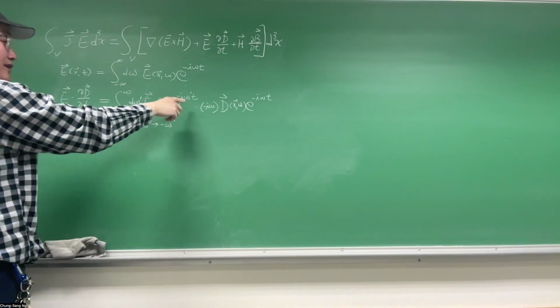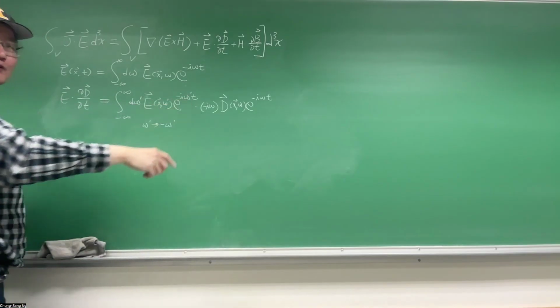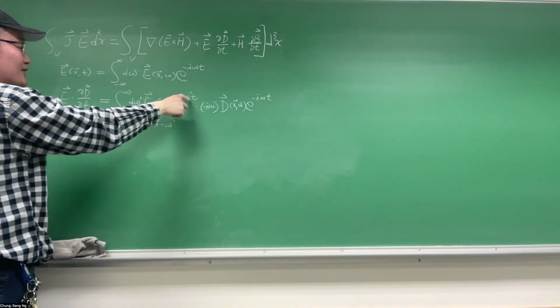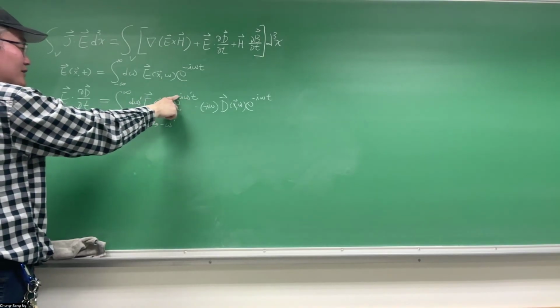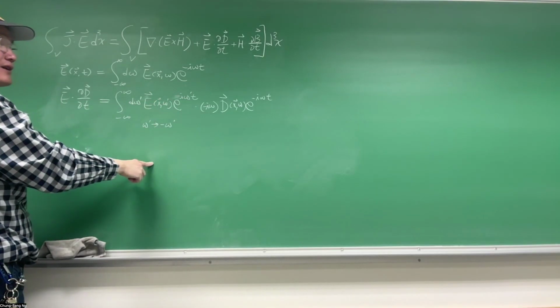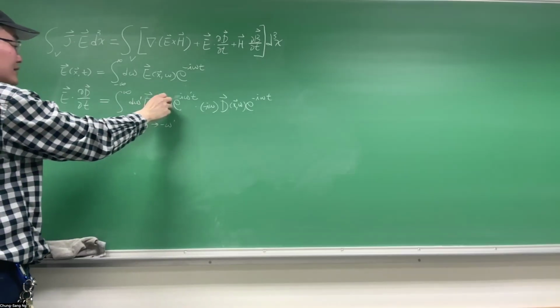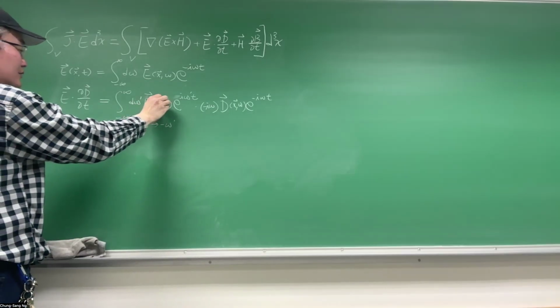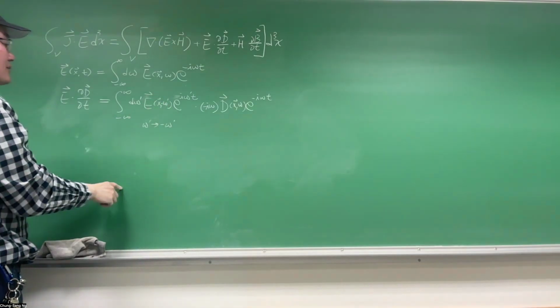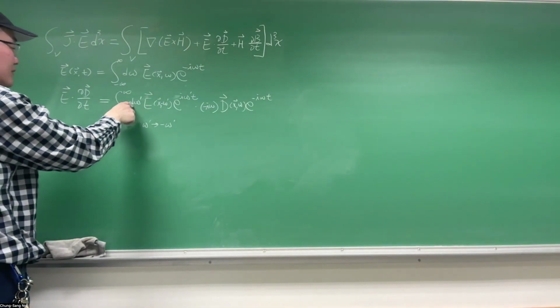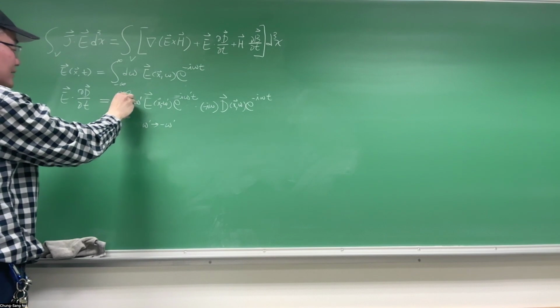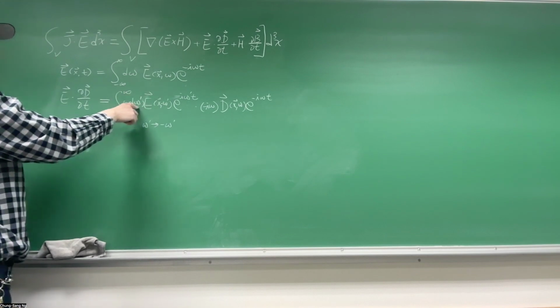So instead of writing another line, I'll be a little lazy. So work on this thing. Just change the omega prime and change the omega. So basically get rid of this negative sign. Okay. And then for the integral, we first change this to minus omega prime. And for the integration, that becomes minus d omega prime.